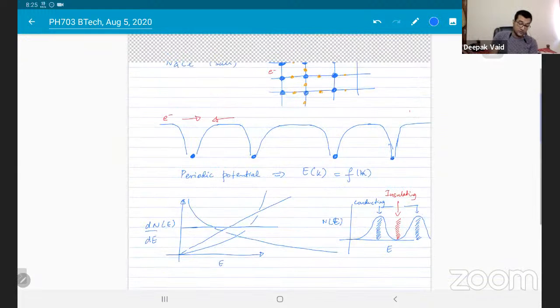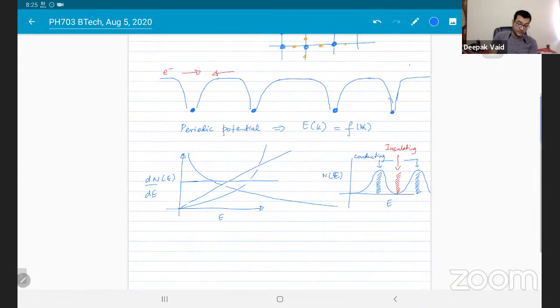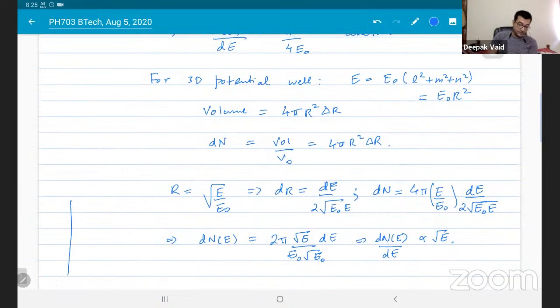So to compare to what I gave you the other day, this corresponds to something. If you make a plot of this dN by dE, it's like this. Okay, so the number of states as a function of energy is increasing.